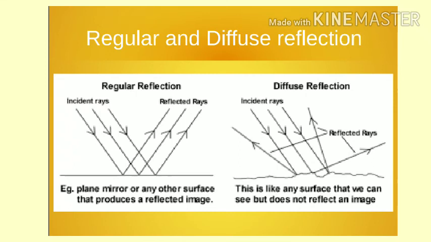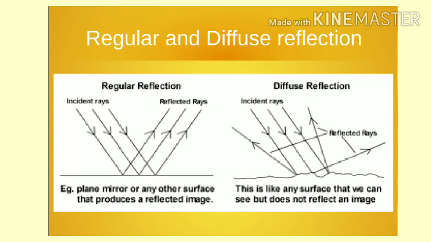In the first picture, the incident ray means the ray which falls on a mirror or a plane surface, and the ray which is reflected from that surface is the reflected ray. So in the first picture, all the incident rays get reflected from the surface.